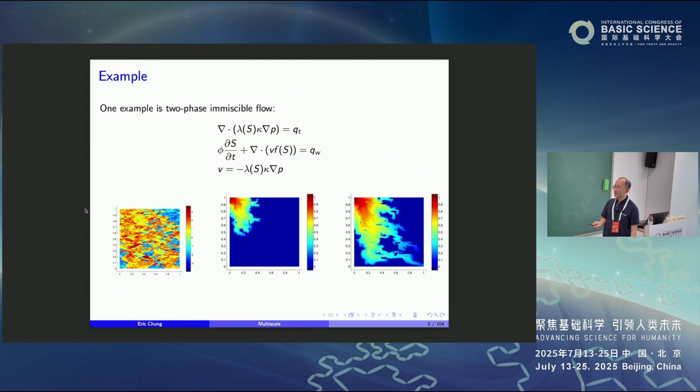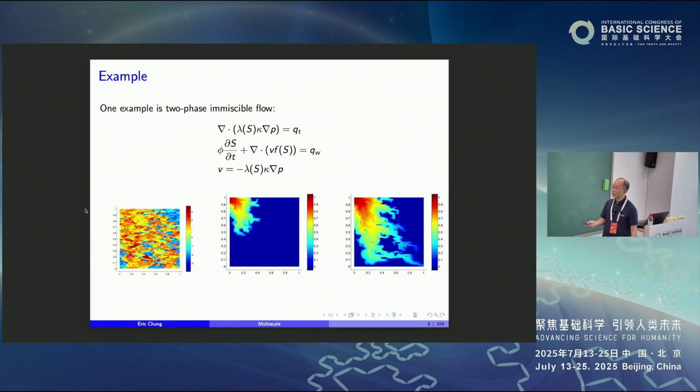One typical example that we consider is this two-phase flow problem. Here is the set of equations. In this set of equations, P is the pressure, S is the saturation of the flow, and V is the velocity of the flow.